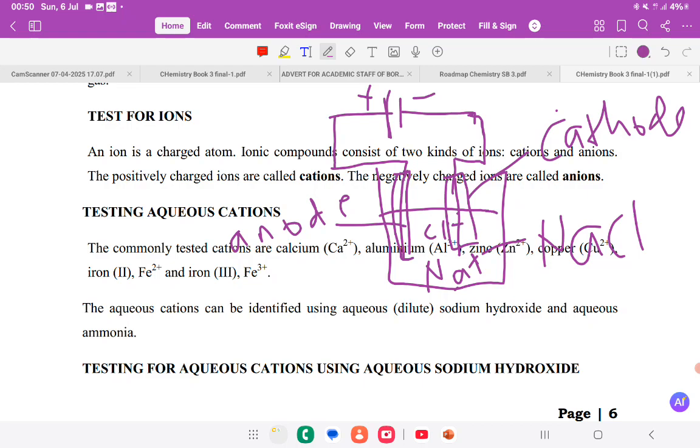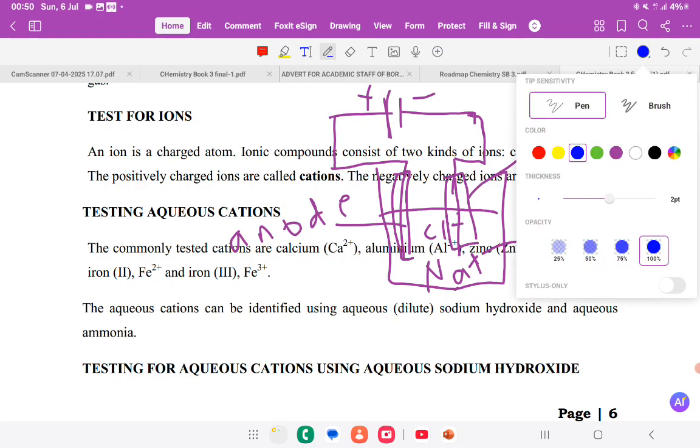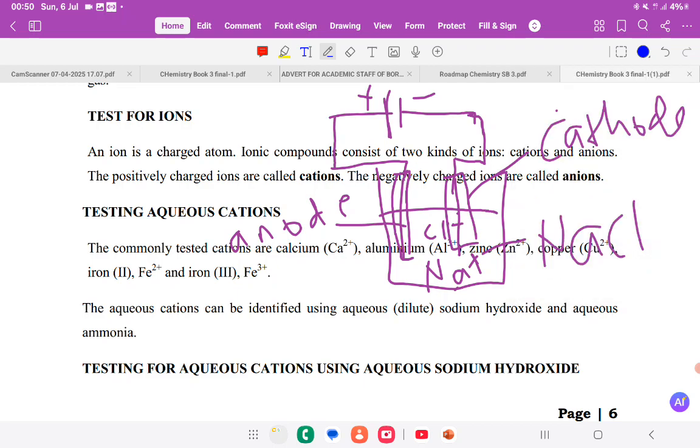So the negatively charged chloride ions, which are negative nonmetal, will be attracted towards the positive terminal.